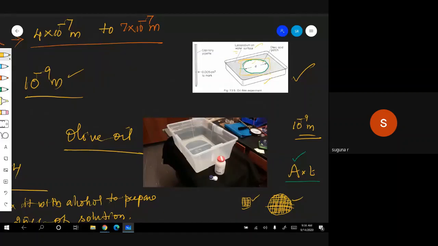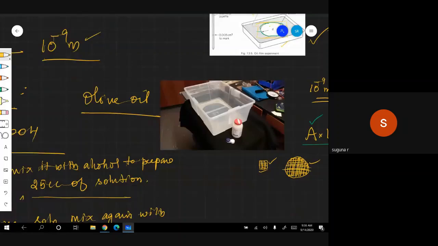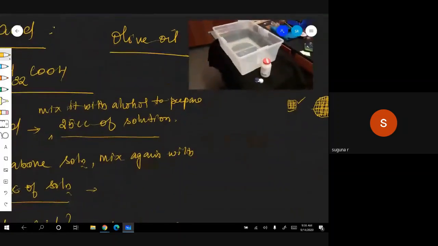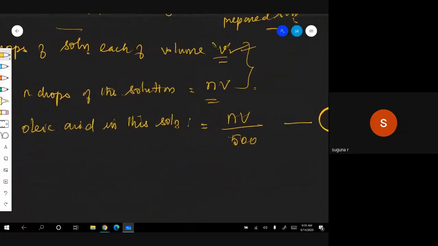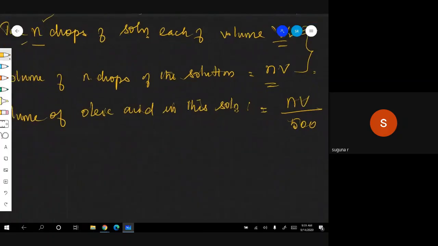Once you know the area of the spread, what is the volume of oleic acid? The volume of the oleic acid will be A into T. Are you following? Now from the experiment you have done, you are finding one more expression for the volume of oleic acid in the spread, or in the layer.